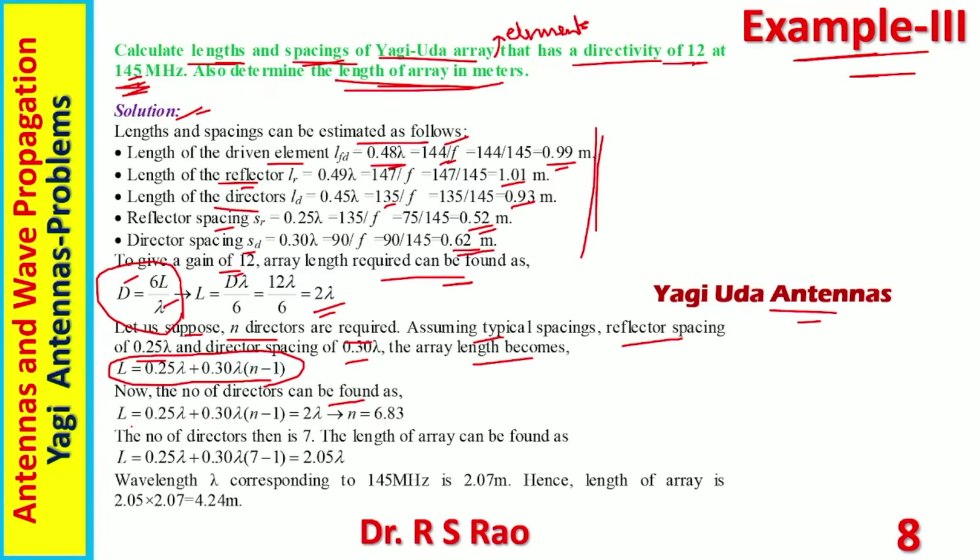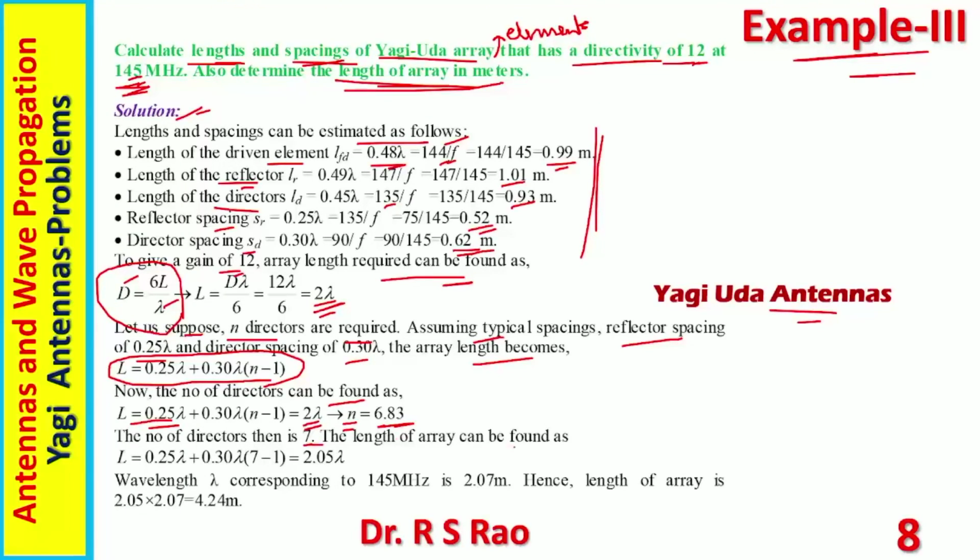L is 0.25 lambda plus 0.30 lambda into (n minus 1) equal to 2 lambda. Notice this 2 lambda is calculated from gain considerations. This length L is calculated from physical spacing of elements. Equating these two, we get n equal to 6.83. It means number of directors required is 7.